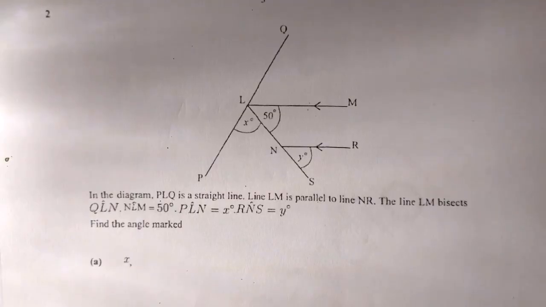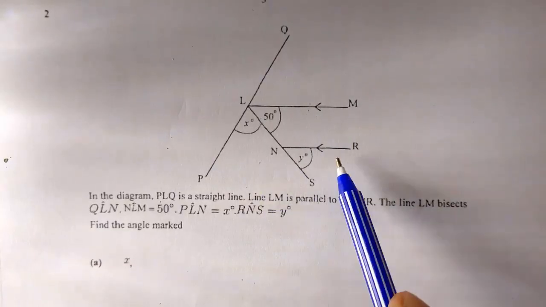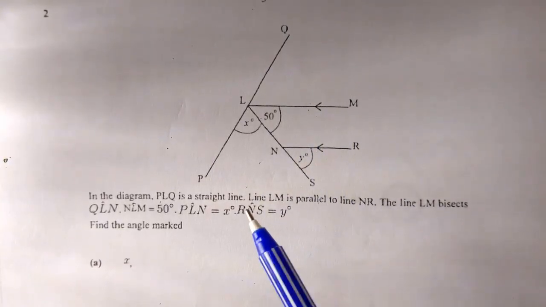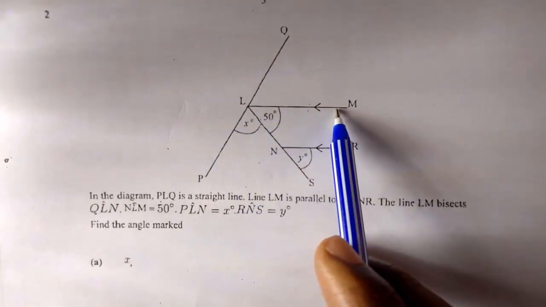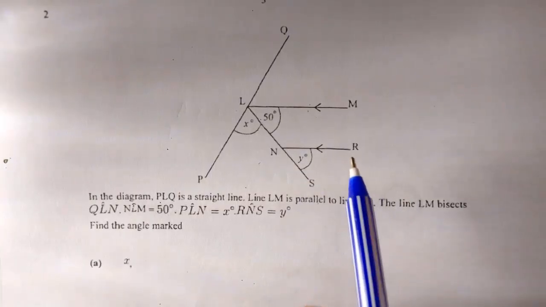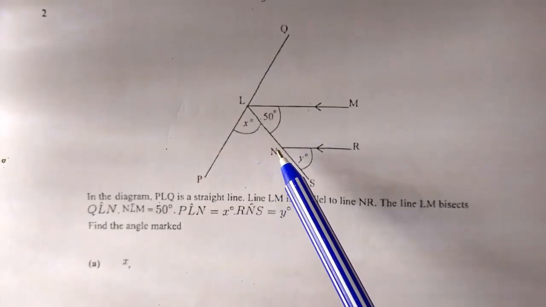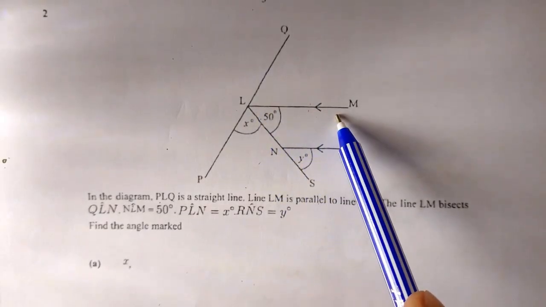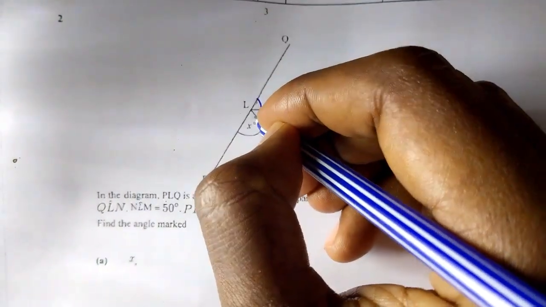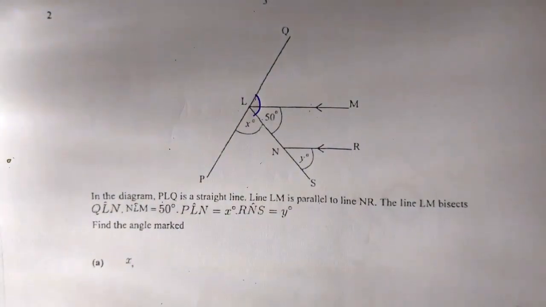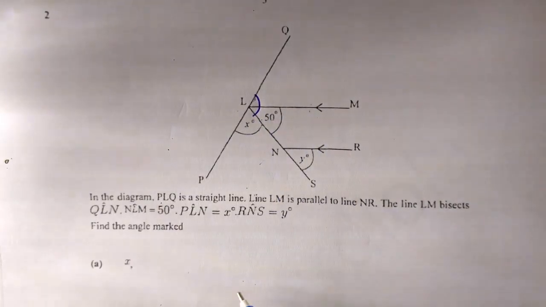So here we are told that we have parallel lines, which are LM and NR, the ones indicated by the arrows. The line LM is a bisector of QLN. So this line bisects the angle QLN. So the angle QLN is this angle. So LM is our bisector.